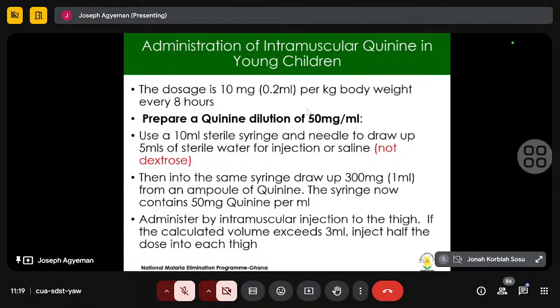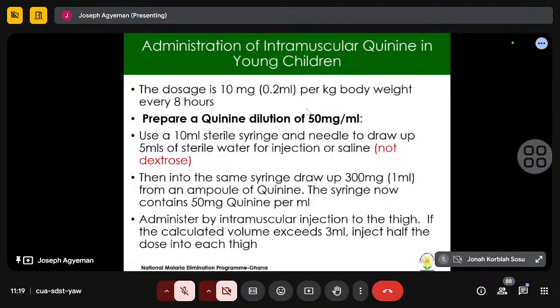And then our ampoule, 2 mil, contains 600 milligrams. So we'll be needing at least 2 ampoules.